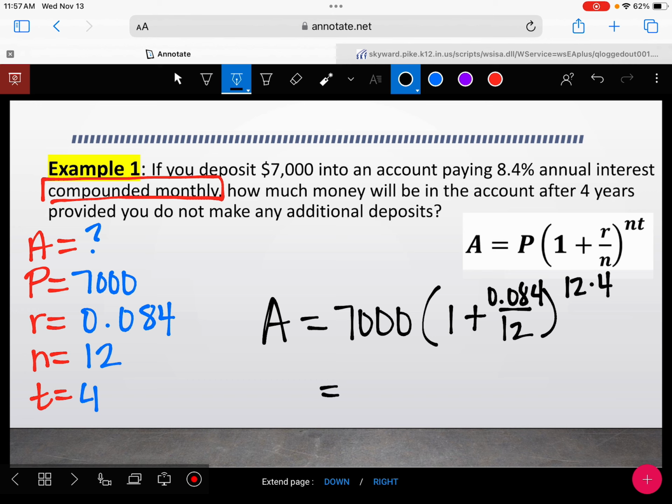Go ahead, type that in your calculator. You just have to get comfortable typing that in your calculator. It needs to look exactly the way I have it written. That's how it should look when you look at your calculator.